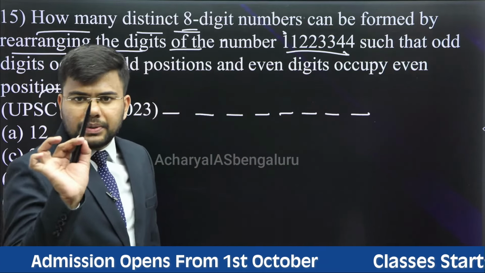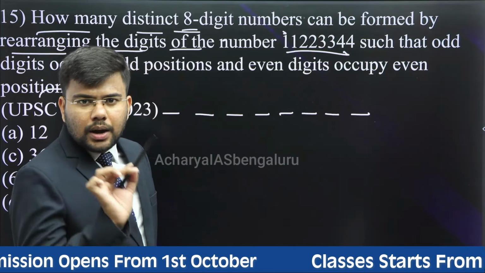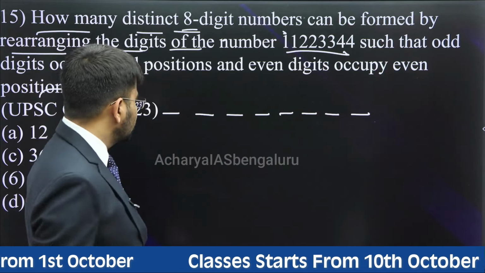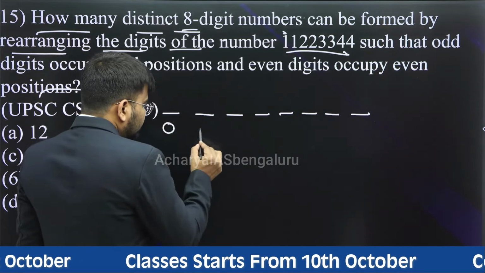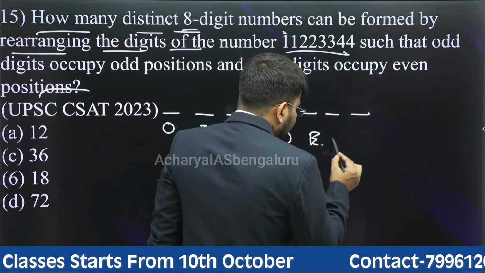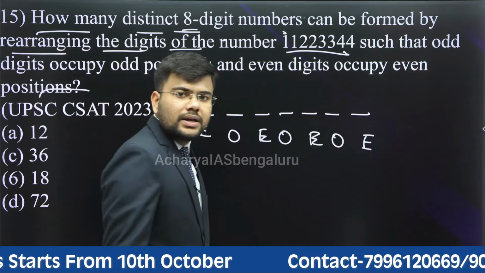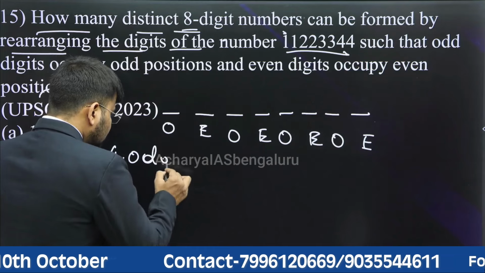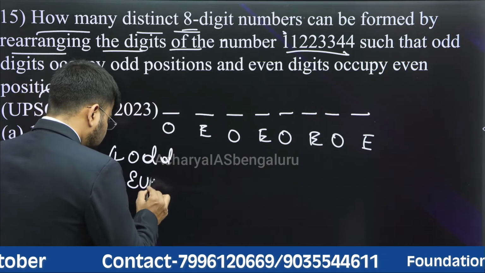These are the 8 places where you have to fill those numbers. But the condition is odd places will have odd numbers, even places will have even numbers. So first is odd, even, odd, even, odd, even, odd, even. So I will get 4 odd places and 4 even places.